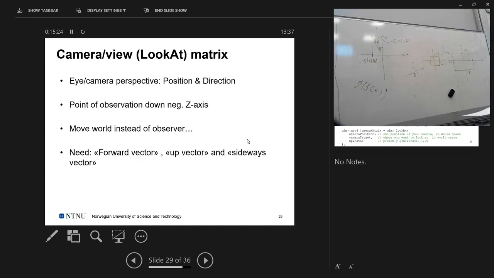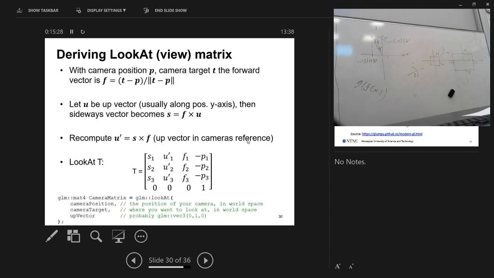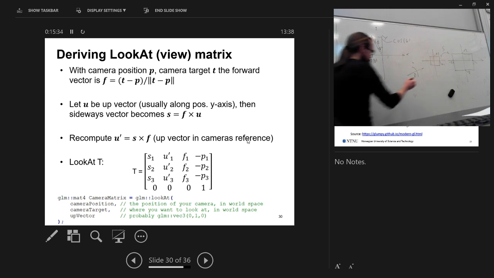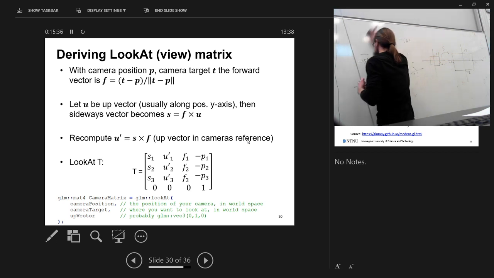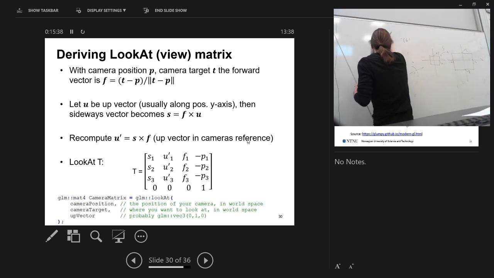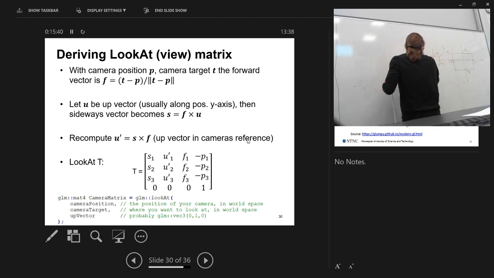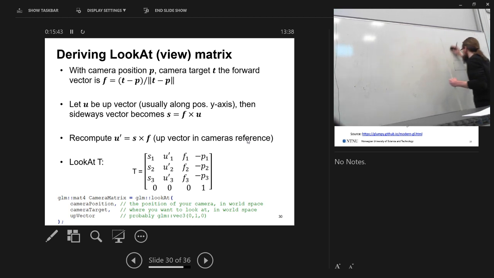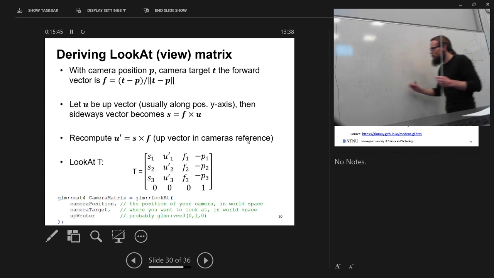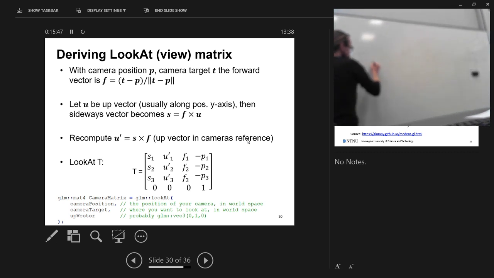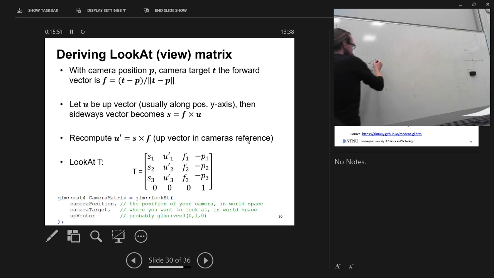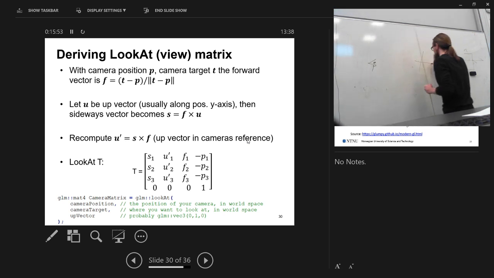So how do you design this thing? Well, as I said, your forward vector. So if you have a position P, your camera is located at the position P. So your camera here at point P. And then you have the world over here, right?